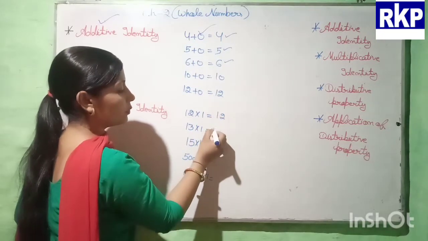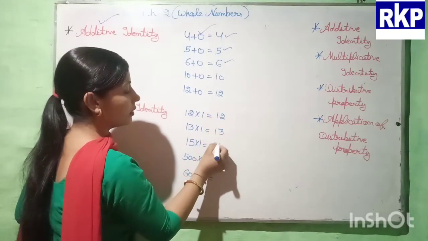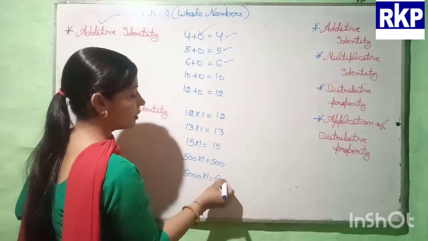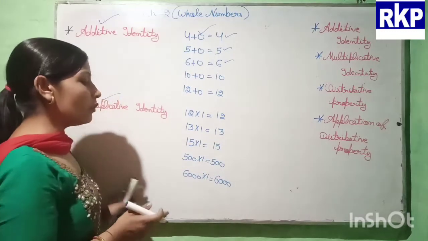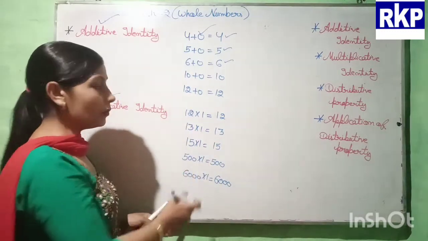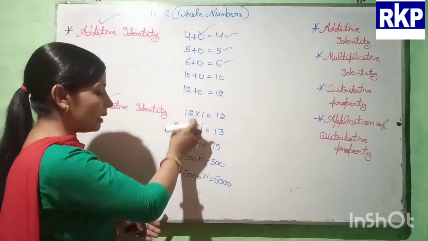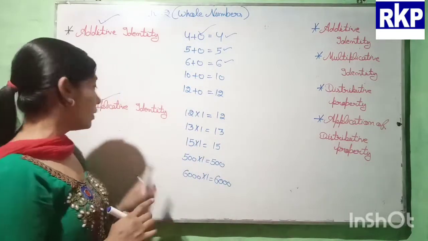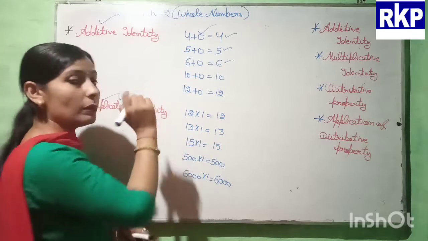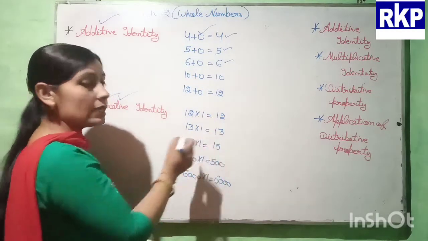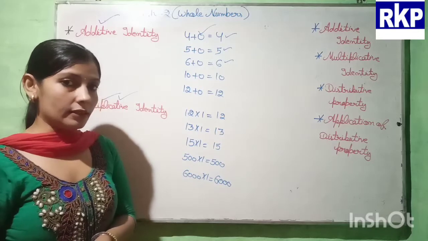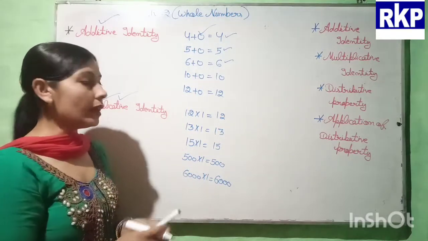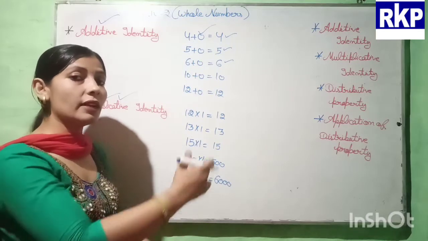Here we get 12, here 13, here 15, here 500, here 6000. If we multiply any whole number with 1, we get the same number. So in the case of multiplication, 1 is the multiplicative identity, because when we multiply any number with 1, we get the same number.